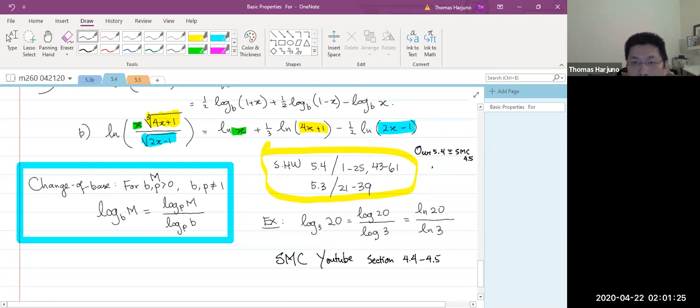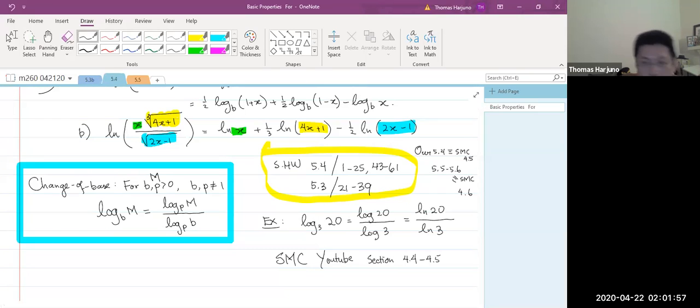So when I go on to our 5.5 and 5.6 on Thursday, that's the same as SMC 4.6. After their 4.6, I will do chapter 6, which is trigonometry. This Thursday we'll finish chapter 5, and hopefully I can introduce you a little bit to trigonometry.